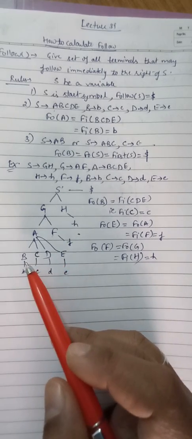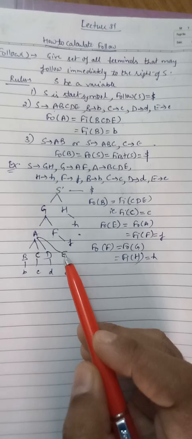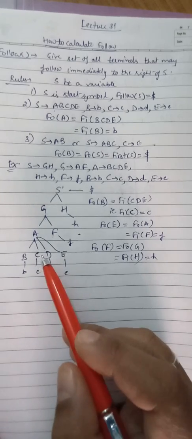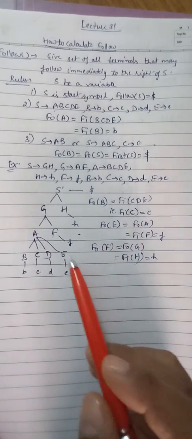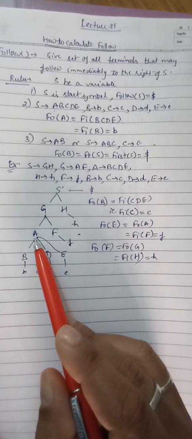From here we see, for follow of B, we look at the next variable, and according to that we calculate the first of C. Then because E is here, we go in the back direction.